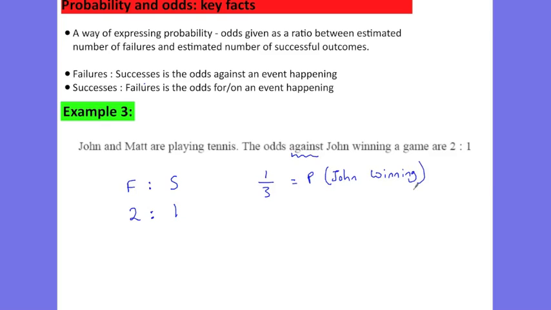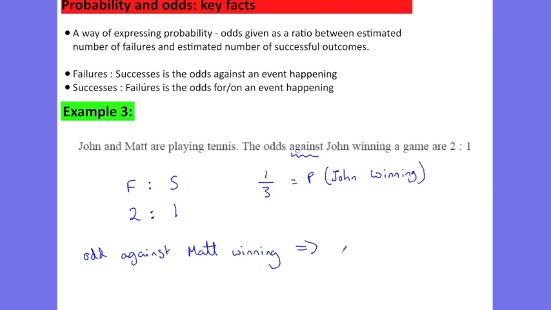Okay, think about it the other way round now. What are the odds against Matt winning? So exactly the same setup as here, the odds against, but instead of John, this time it's going to be Matt.